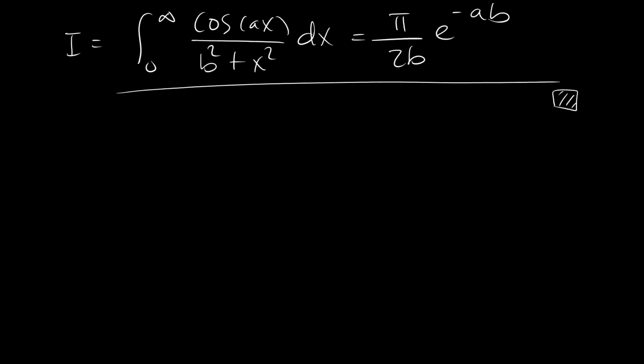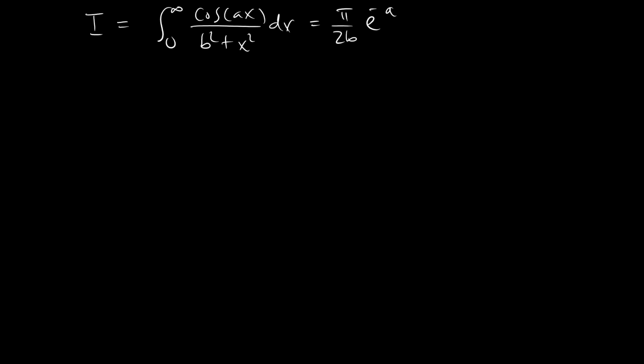Okay, so in the next slide, we're going to show that for the integrals J, K, and L. We have shown that I is equal to pi over 2b e to the negative ab, and J being equal to negative of the derivative of I with respect to a, which we saw was the integral from 0 to infinity of x sine of ax over b squared plus x squared.